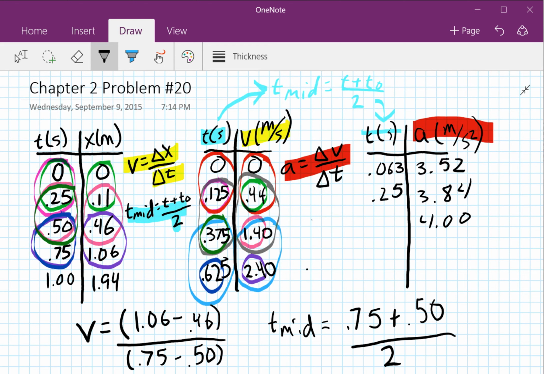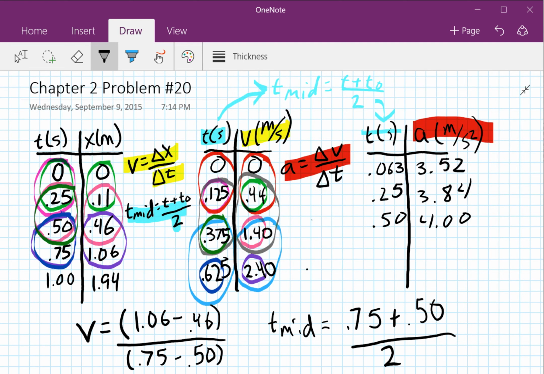And the time, you're going to take 0.625 plus 0.375 and divide by 2, and you get 0.50. Okay, so again, you're going to keep that pattern going.